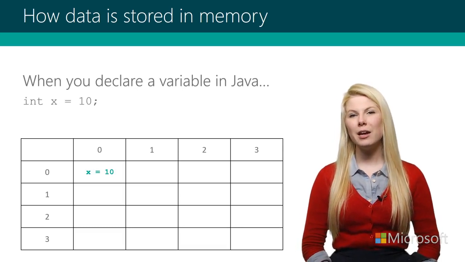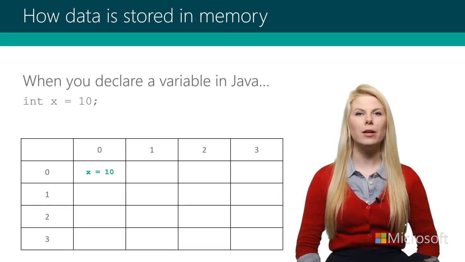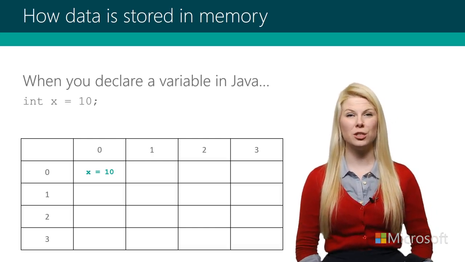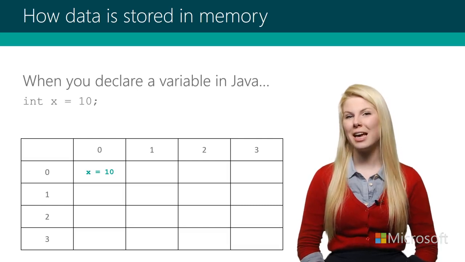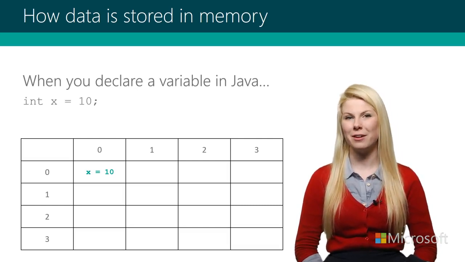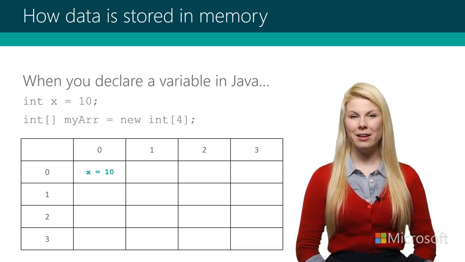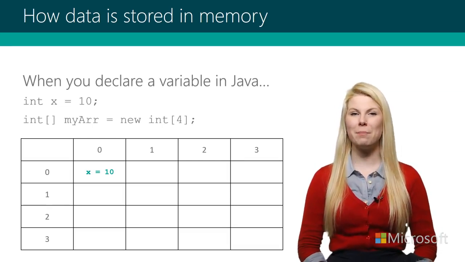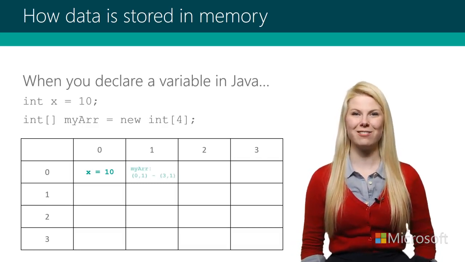Now, when you create a new object, the thing about objects is they're dynamic. They can grow and shrink. They might be huge. So the computer has to come up with a very special way to maintain that object in its own memory. So if I were to make a new array, the computer is first going to find a place in its memory to store where else it should store this array.